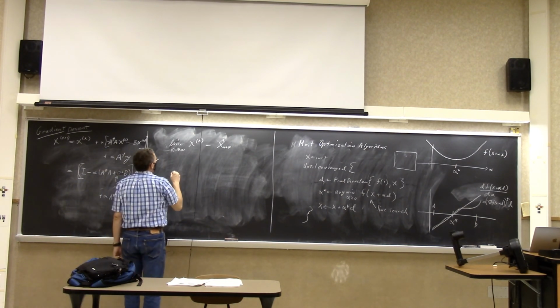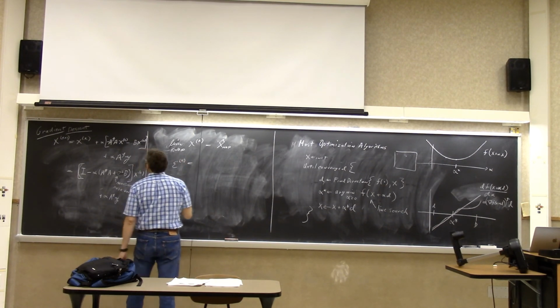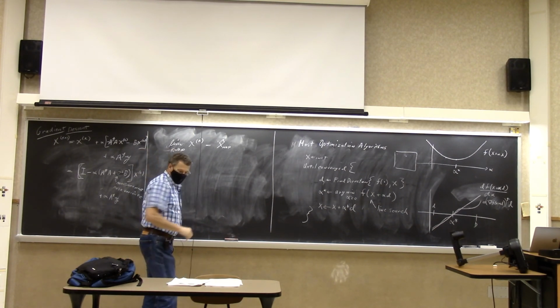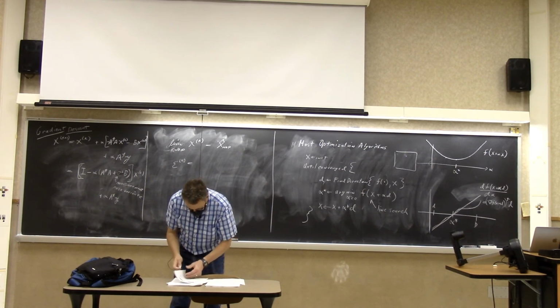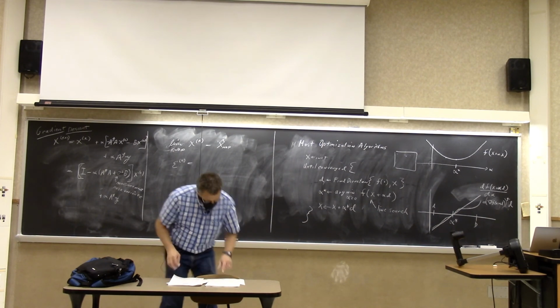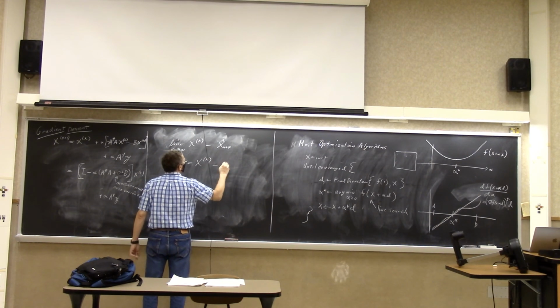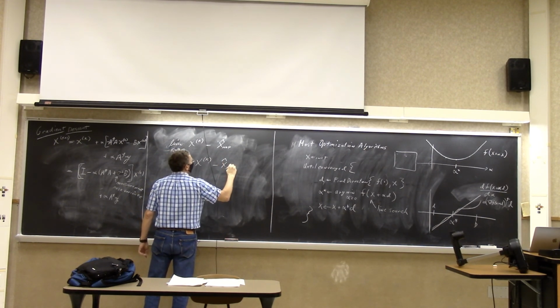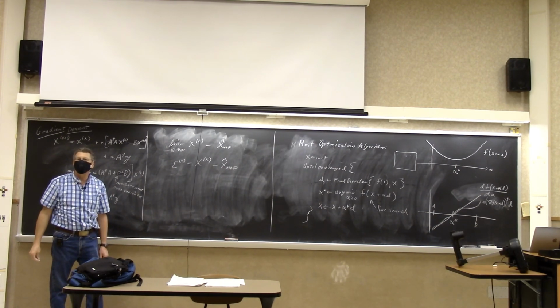If that happens, then I can define epsilon_k equals x_k minus x hat MAP. So epsilon_k is the error in your current solution, right?